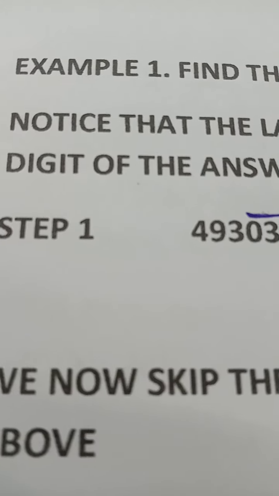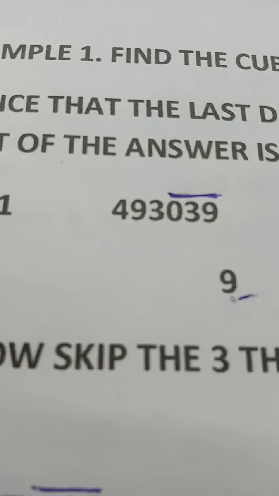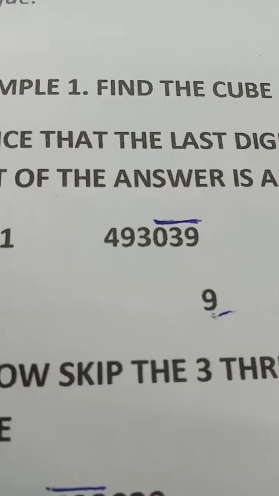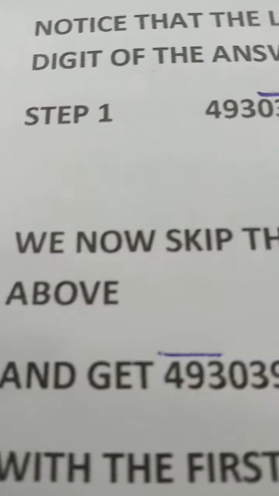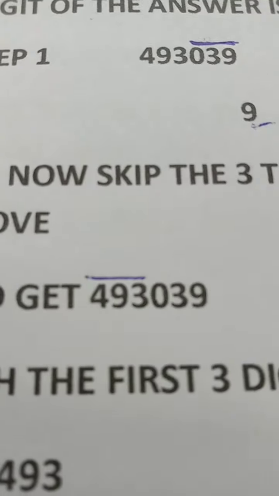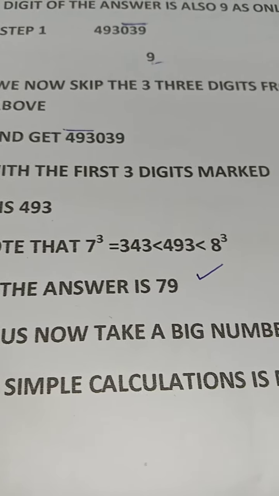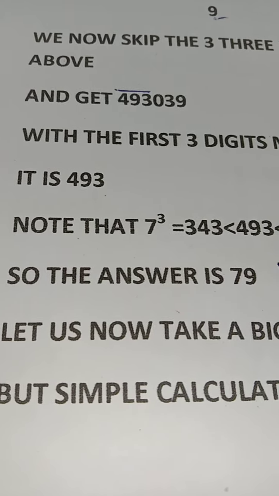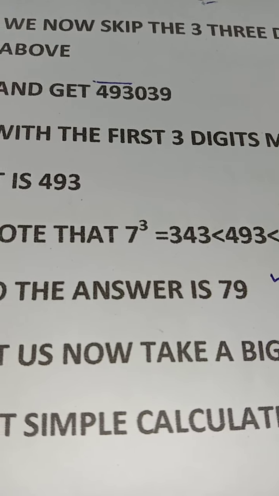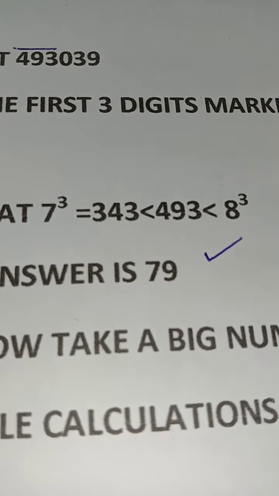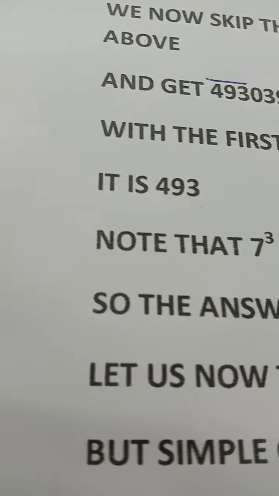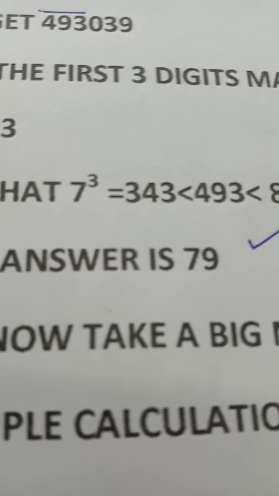And then we skip those 3 digits, and the first digits become 493. So this 493 needs the nearest cube. Note that 7 cube is equal to 343, which is less than 493, which is less than 8 cube. So the answer is 79.